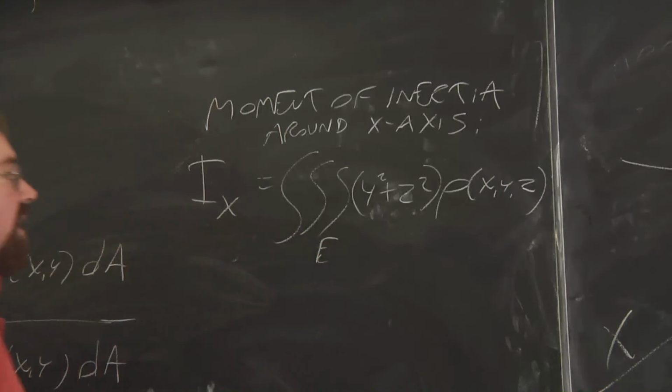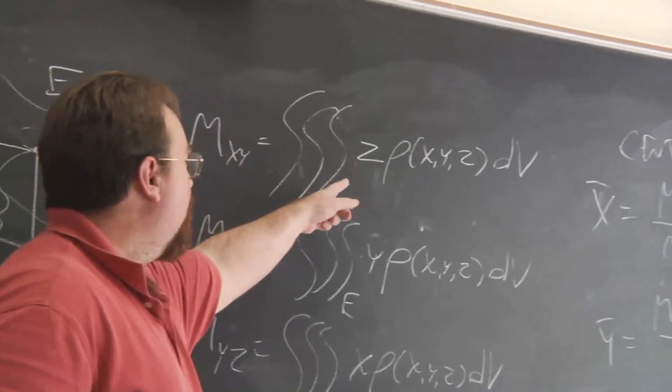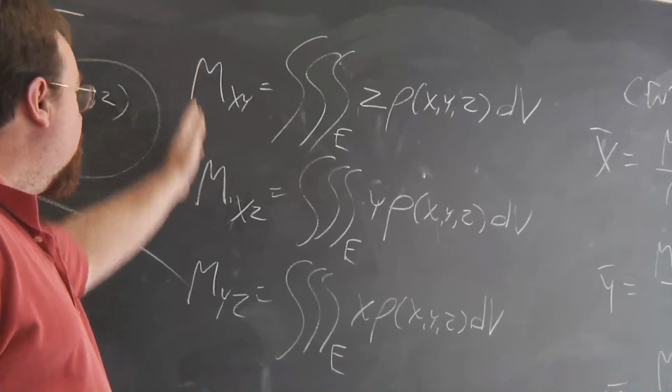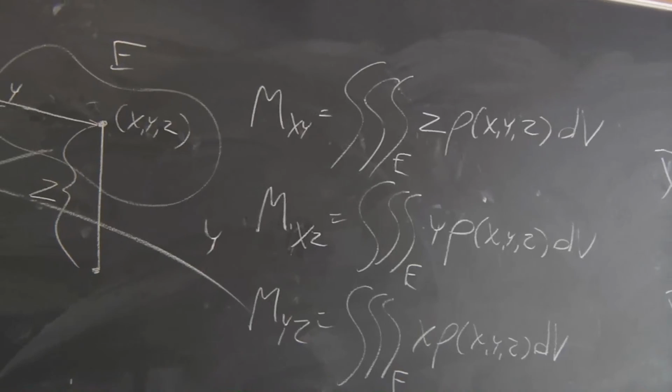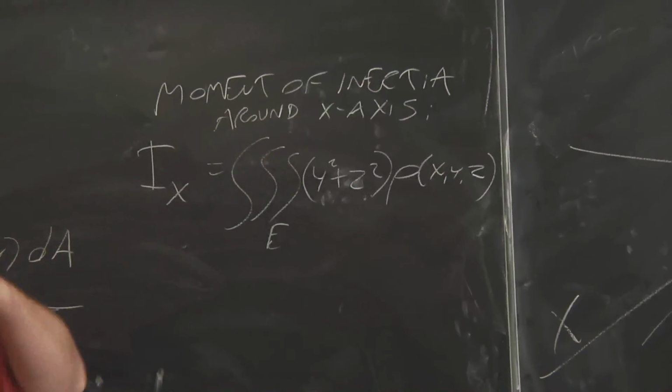See, because here we wanted the distance from any point in the object to one of these planes. Here we want the distance from the object to a line, the x-axis.